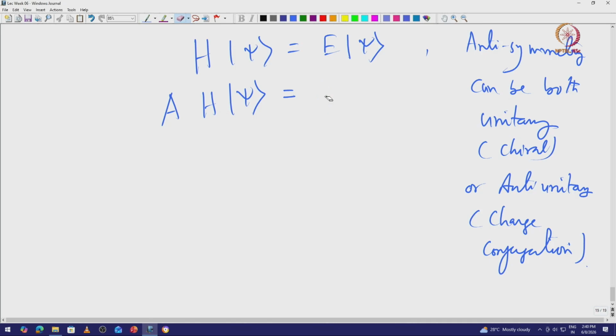So, because energy eigenvalues are real, I can slide it to the right hand side like this. Now, these two anti-commute, so we are supposed to get a minus sign, and I have taken that minus sign to here.